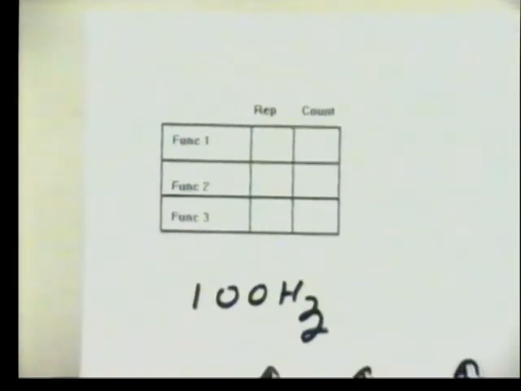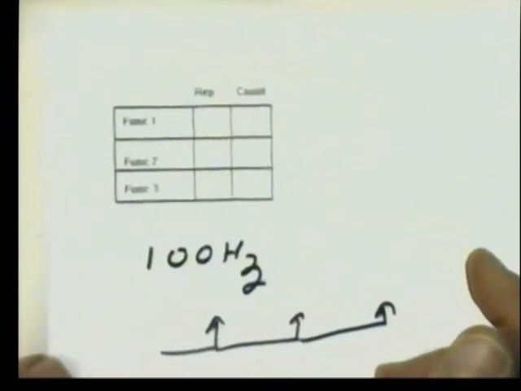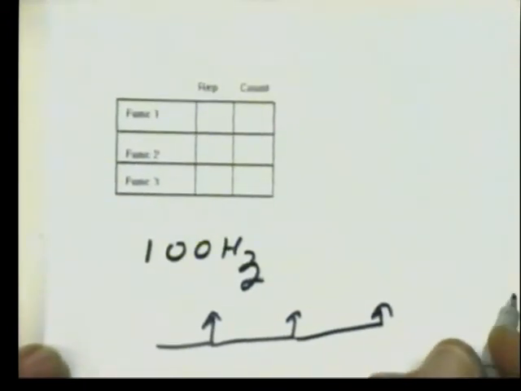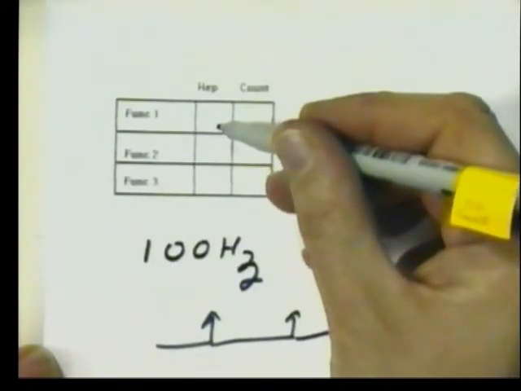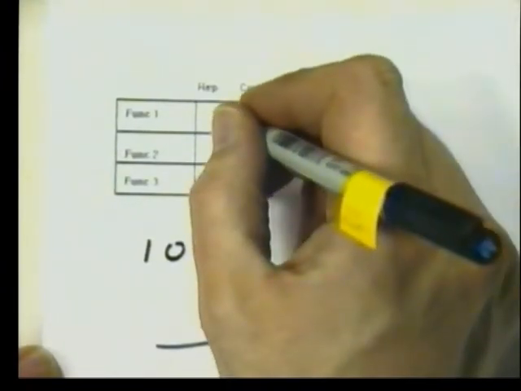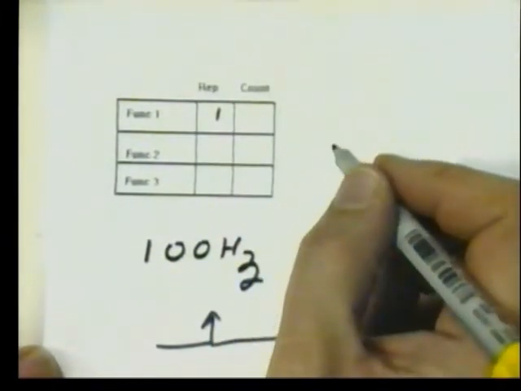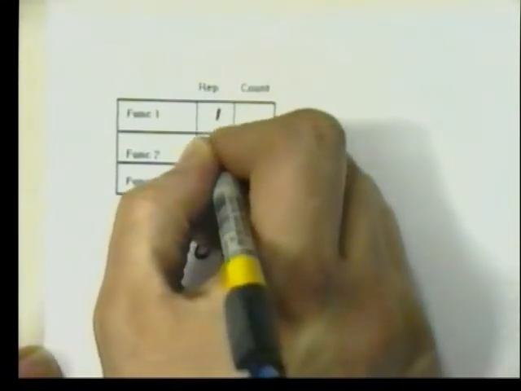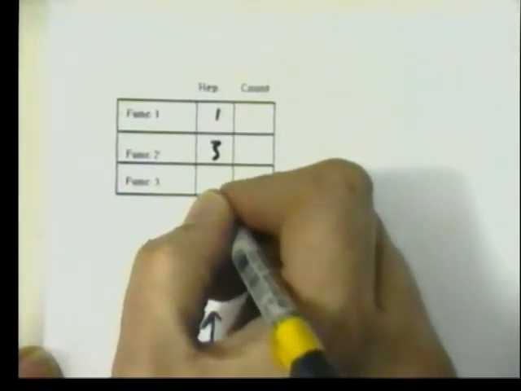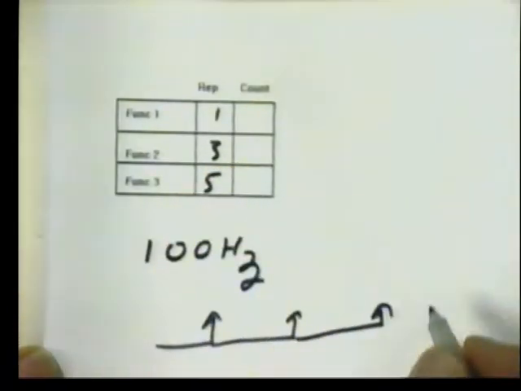And all of these functions that were available were scheduled to run within units of 100 Hertz. So if I wanted function 1 to run every 100 milliseconds, I put the 1 in there. If I wanted function 2 to run every 300 milliseconds, I put a 3 in there. If I wanted this to happen every 500 milliseconds, I put a 5 in there.